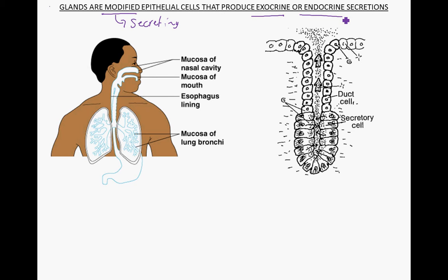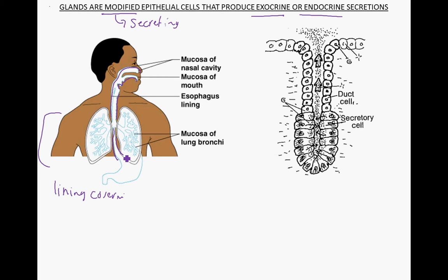But I want to go back to this visual here, where, remember, epithelium is lining or covering. Here we have the lining of this mucous membrane, the lining of the airway, the trachea, and also of the digestive tract.